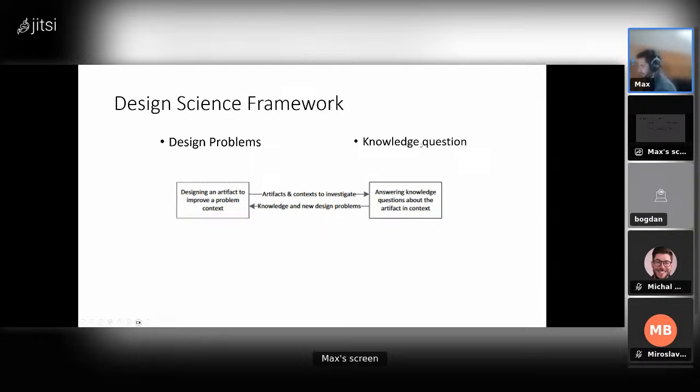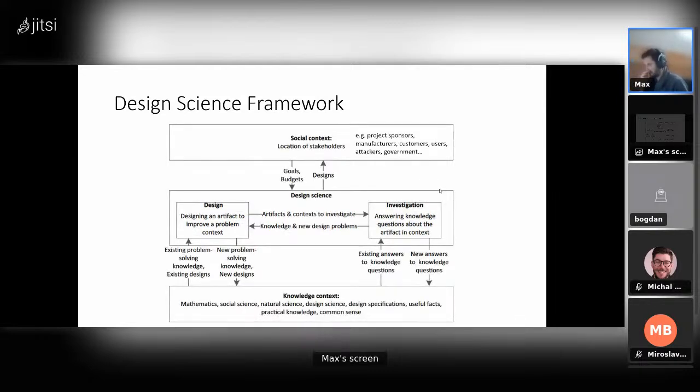And answering knowledge questions about the artifact in context, we then need some knowledge and a new design problem. So it's a bit like the snake that is trying to eat its own tail. That is why we have some framework for design science.